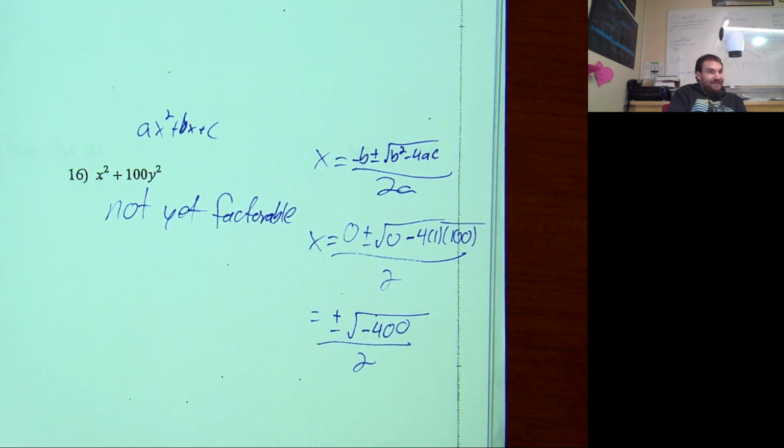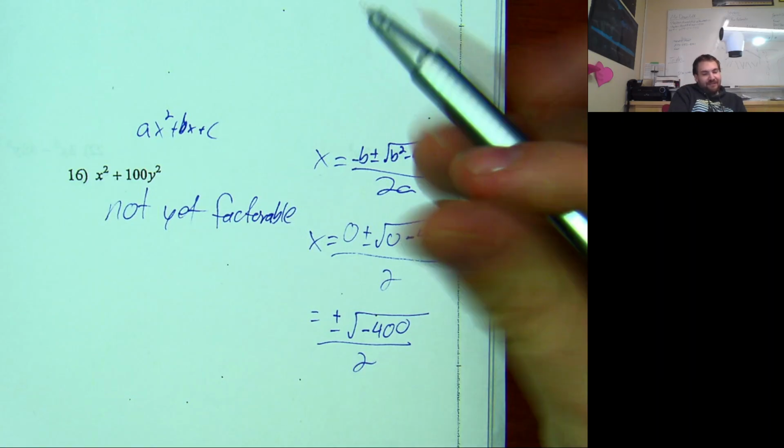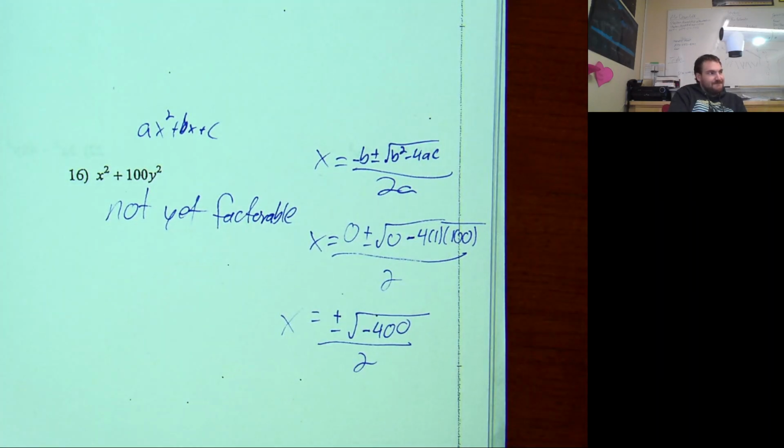What do you know about this answer? Think back to our very first chapter. The square root of negative numbers is associated with what number system? Sorry, louder. The complex numbers.